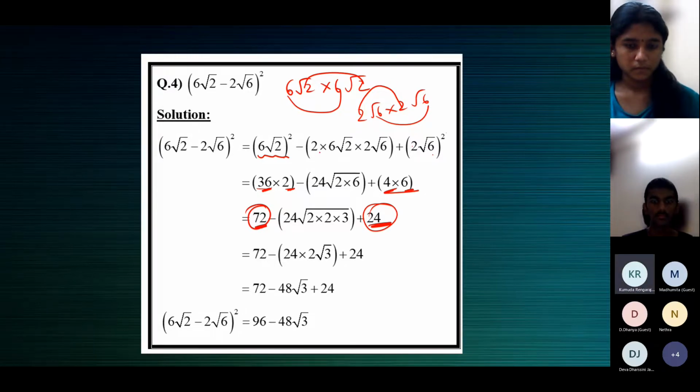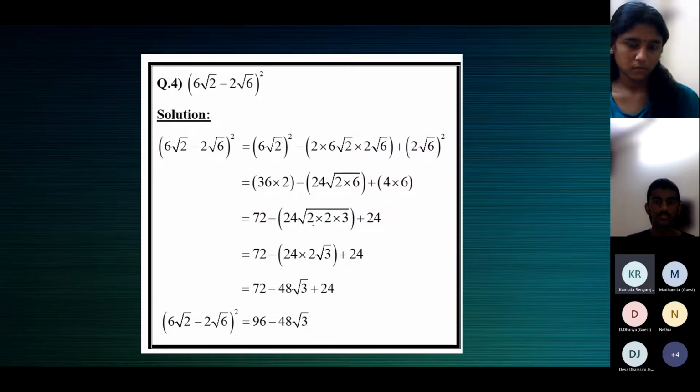Now the middle term, 2ab. 2 6s are 12, 12 2s are 24, root of 2 into 6. Now 6 should be factorized. 6 can be written as 2 into 3. See here, this 2 as it is, the 6 is 2 into 3. From 2 2s, 1 2 comes out, and 3 remains under the square root.